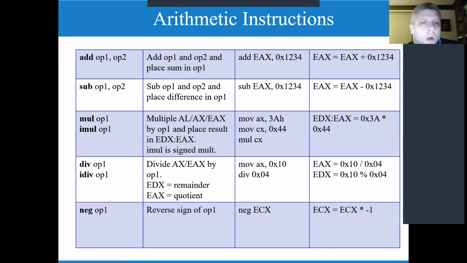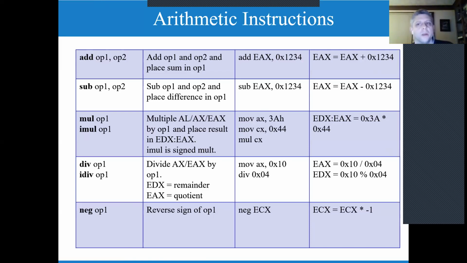Multiply will actually only take one operand. It will take the value that's already in the EAX or the AX or the AL register, multiply it by the operand, and then place the result in EDX colon EAX.